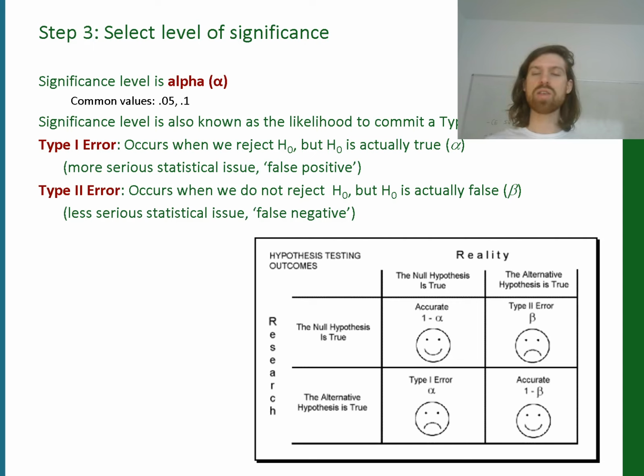And whether this is acceptable or not depends on the area in which you're operating. So, for example, maybe this is less of a major issue in spatial sciences. I mean, obviously, it's not great.